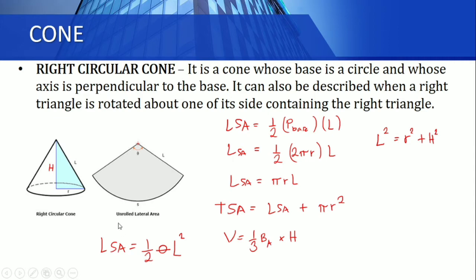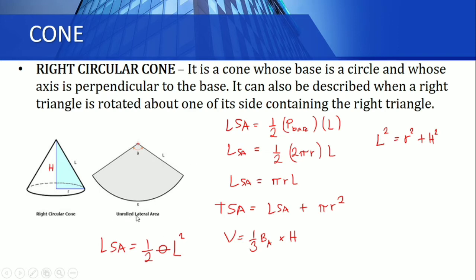And meron tayong unrolled lateral area dito. Kapag nilatag natin yung cone natin, magiging ganito yung itsura niya. Meron tayong angle doon, may mabubuo tayong angle theta, and ito yung s natin or yung segment natin, and then L, yung slant height niya, yun yung magiging radius nung magiging circle natin.